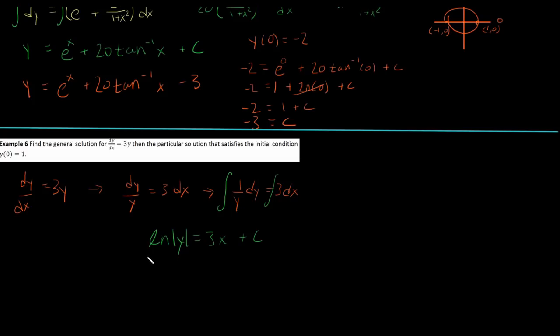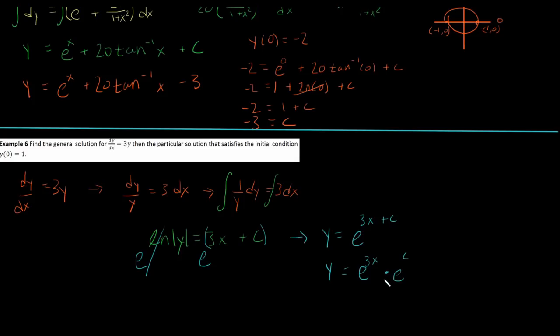How do you undo ln? You undo it by making e the base, and they cancel out. So we make e the base for both sides, and e and ln cancel, and we get y equals e to the 3x plus c, which we could rewrite, thanks to exponent properties, as e to the 3x times e to the c.